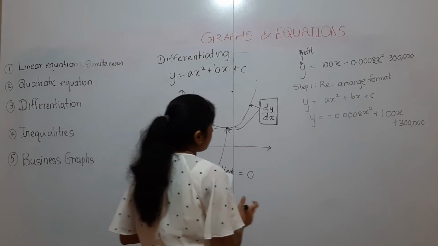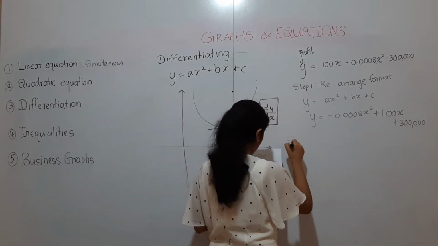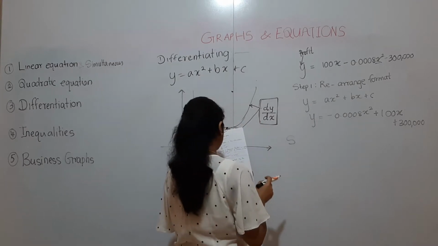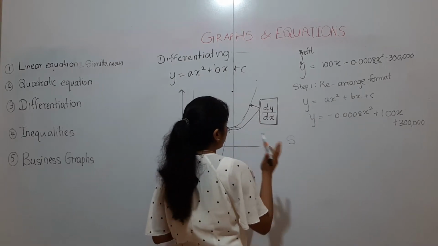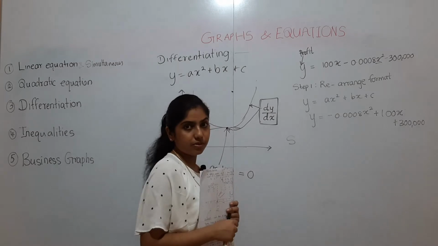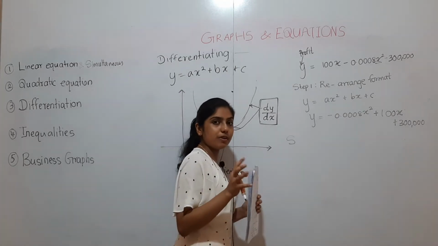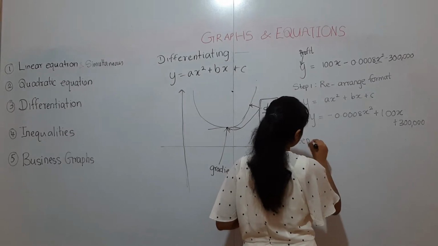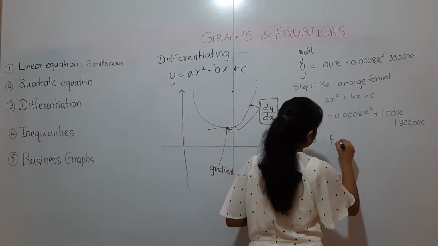Now find the gradient. They want us to find the gradient and the minimum or maximum point of the graph. Now first of all, let's find the gradient.